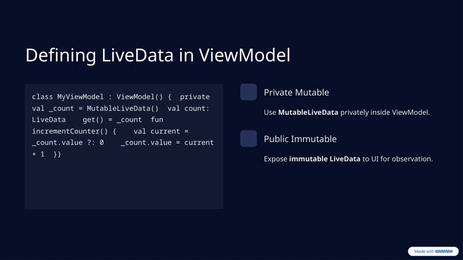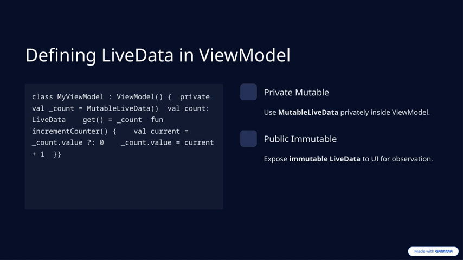This pattern, using mutable live data privately and exposing live data publicly, is really important. It helps us maintain a clear separation of concerns. The ViewModel manages and updates the data, while the UI observes changes without the risk of accidentally changing the data. Finally, notice the increment counter function.